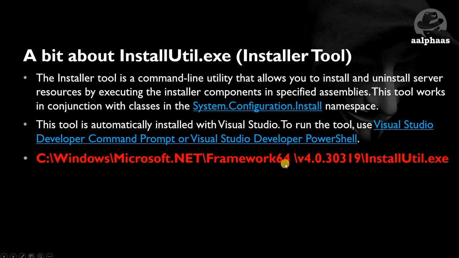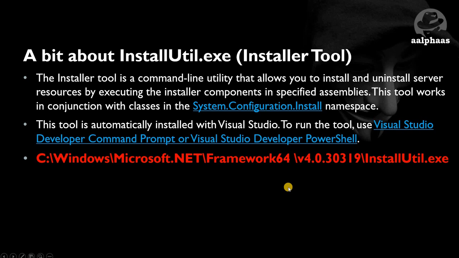If you are using a 32-bit machine, the only difference is it will be under Windows, Microsoft.NET, and Framework instead of Framework64, then version 4.0, then the subversion and InstallUtil.exe. You can make use of this to run your code.